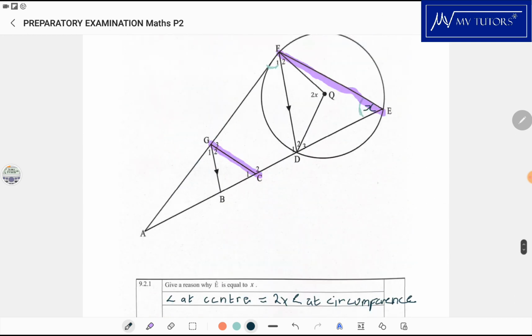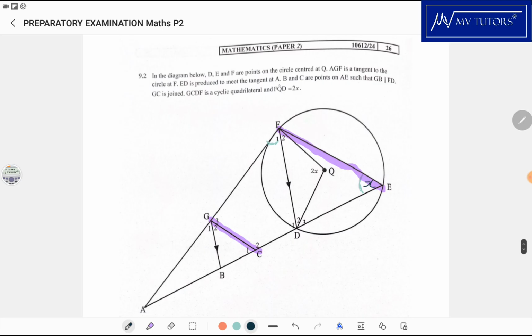Okay, now let's see. Now we are going to need the actual cyclic quad, because the next point I want to show you is that this cyclic quad that they told us about was GCDF. According to the cyclic quad, let me highlight this angle here. This angle is equal to F1.